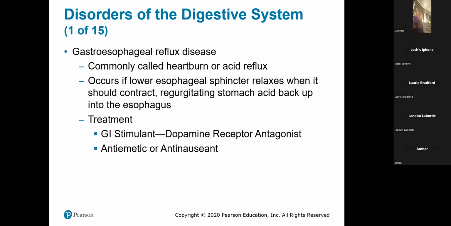So this occurs if the lower esophageal sphincter relaxes when it should contract, causing regurgitation of stomach acid back up into the esophagus, which, by the way, does not have the same lining that your stomach has, and therefore it erodes very quickly from this acid being where it does not belong. So treatment includes something like a GI stimulant or a dopamine receptor antagonist. A doctor might even utilize antiemetic or anti-nausea medications to help keep that acid in check and down in the stomach where it belongs.